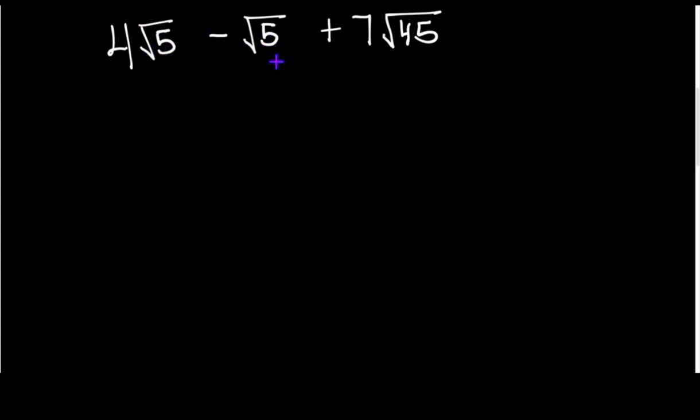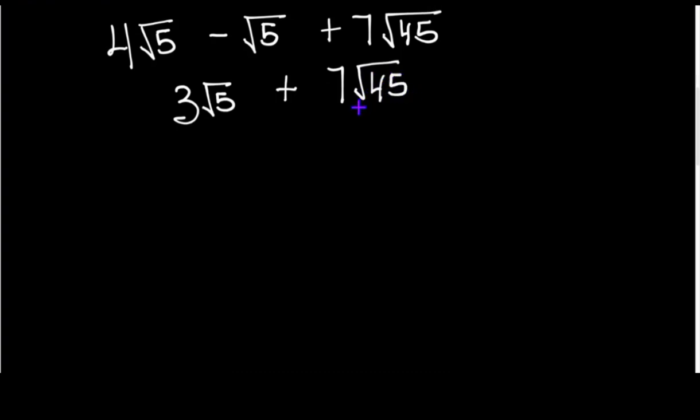They have the same radical. That means they can be easily subtracted. Now let's remember that there is a 1 here. So 4 minus 1 gives us 3 square root 5 plus 7 square root 45.